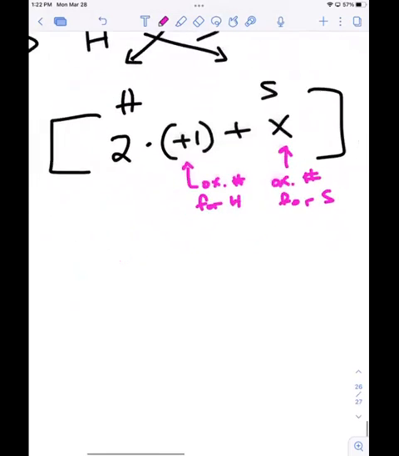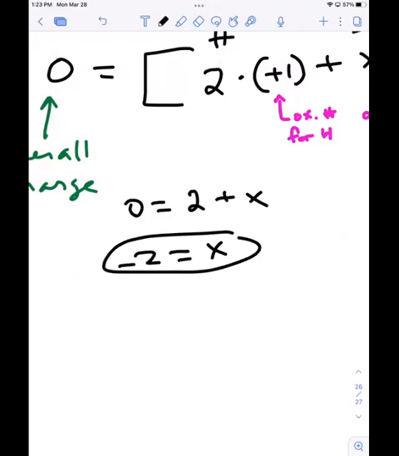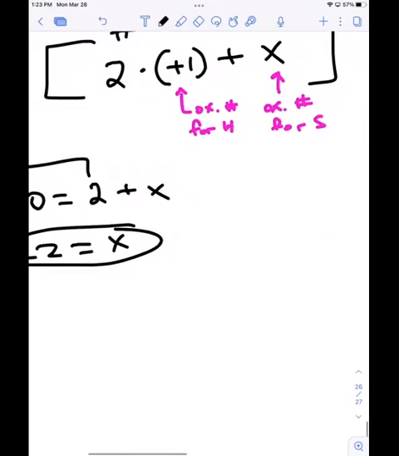All right, so we're going to take this and just solve for X. So 0 is going to be 2 plus X. And if we solve for X, it's going to be -2 equals X. Is that right? We just move this over to this side. It's positive on the right. We move it over to the left, it becomes negative. So now this is the oxidation number for sulfur.